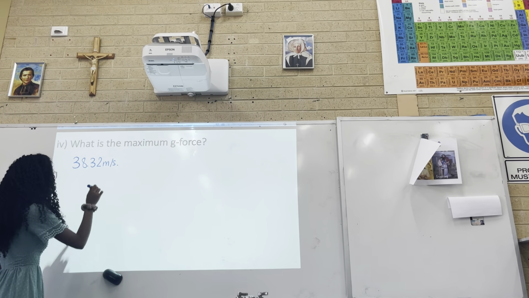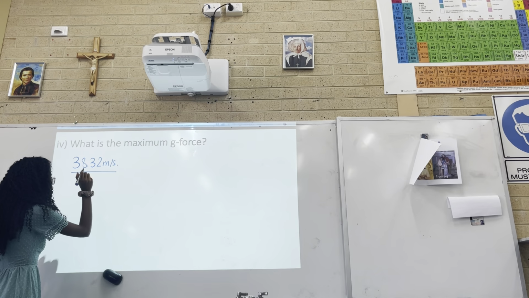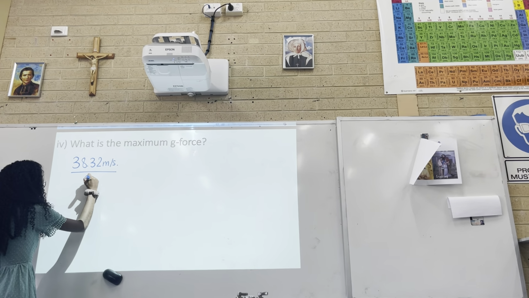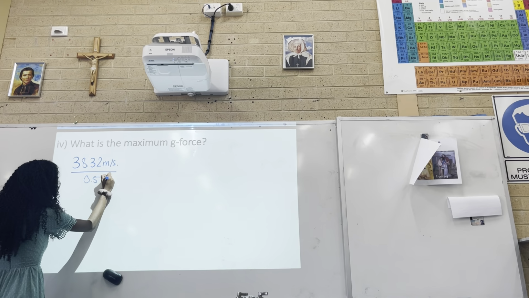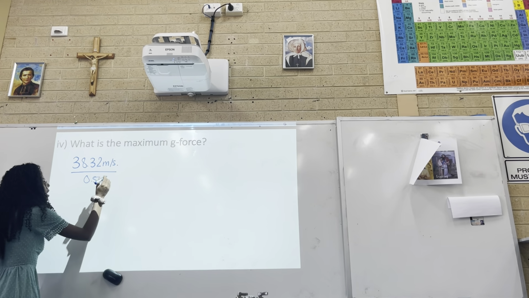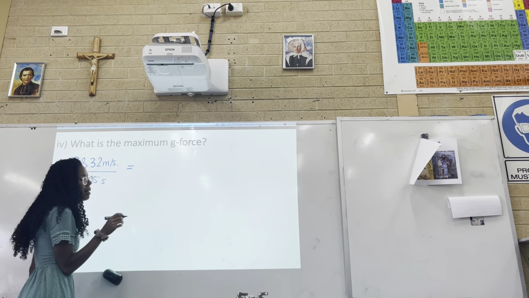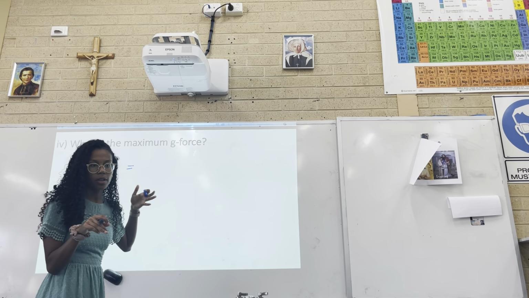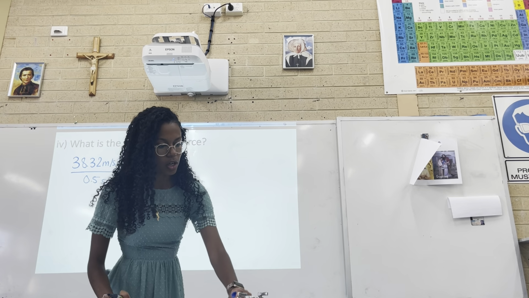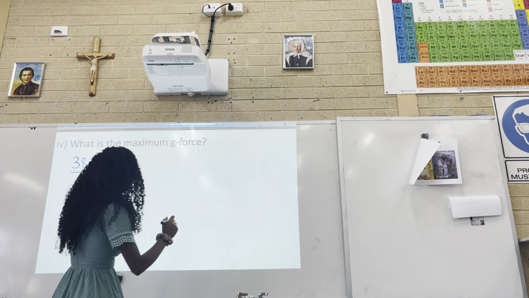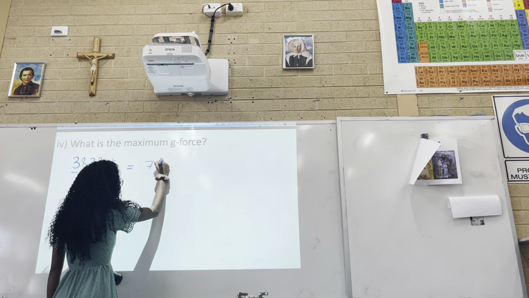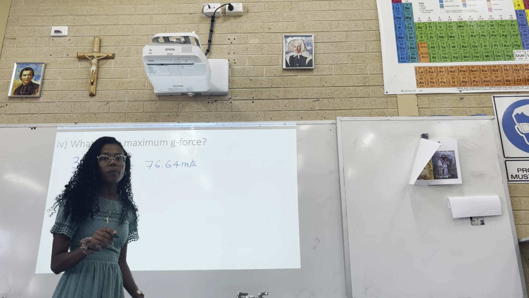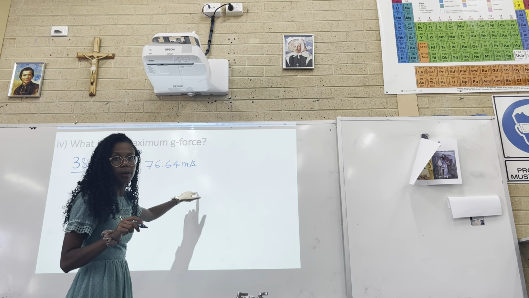You divide that by the time it took to overcome inertia, which is 0.5 seconds, and then you get your maximum amount of acceleration. This is what we just did earlier, and the acceleration that we got was 76.64 meters per second squared. We've said that that was the maximum amount of acceleration.